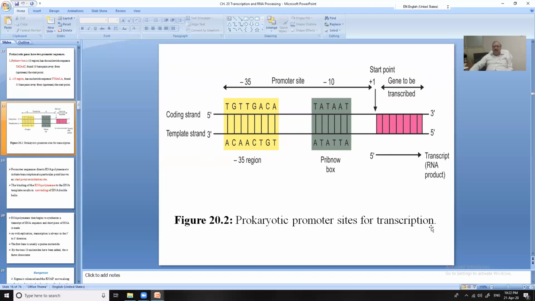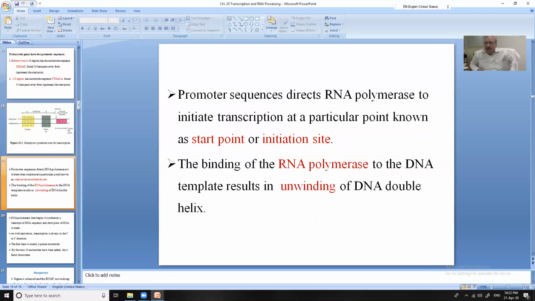This is the prokaryotic promoter site for transcription. The promoter sequence directs RNA polymerase to initiate transcription at a particular point known as the start point, or initiation site.